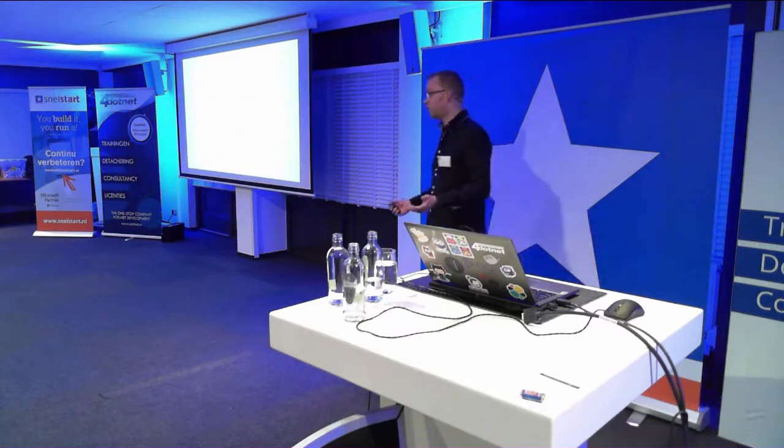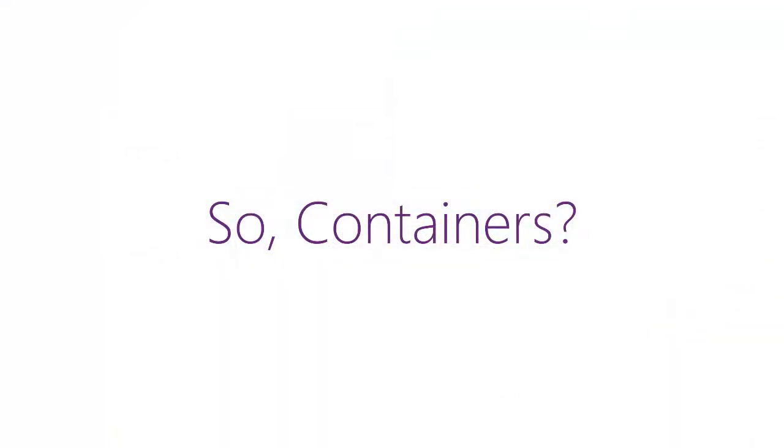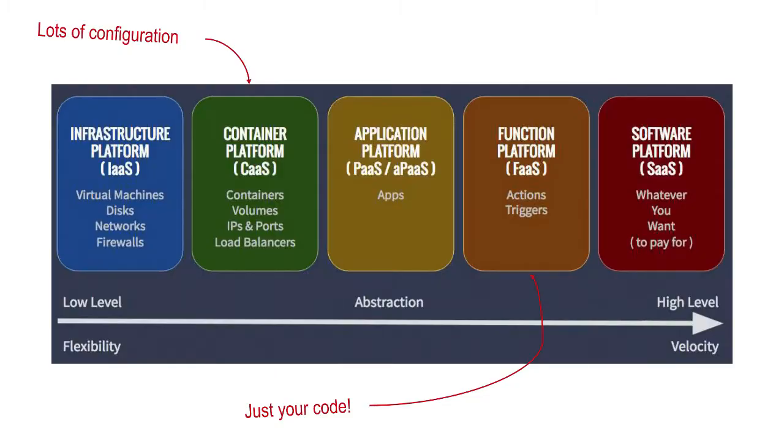Maybe some of you think this sounds a lot like working with containers, because you can use containers to spin up really quickly, do some work and kill them. The thing is, containers are a totally different level of abstraction. You can see it in the diagram over here.